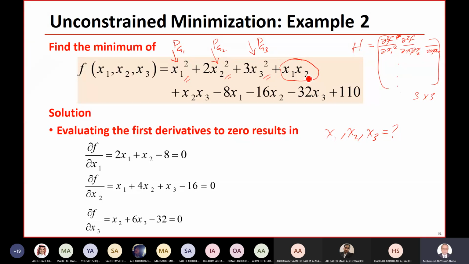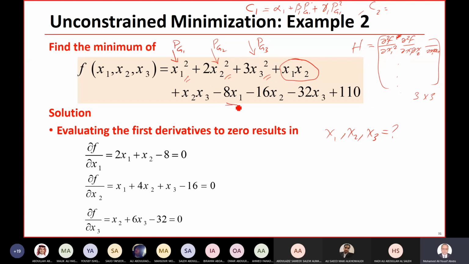Actually, in economic dispatch, we don't have such a term. The cost of generator 1 is alpha 1 plus beta 1 PG1 plus gamma 1 PG1 square. And the cost 2 is again alpha 2, beta 2, and so on for PG2. We don't have this similar term in the economic dispatch problem, but this is just an example.